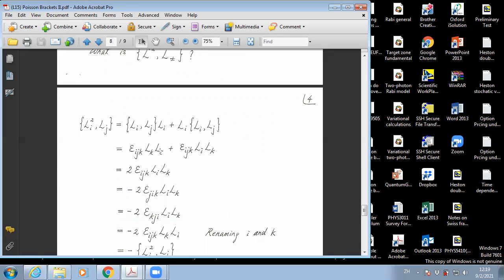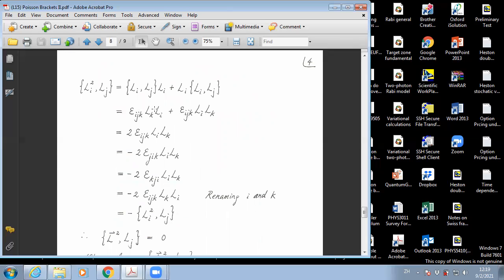And here we have Li, same for the second term. We realize that these two terms are the same because the indices are dummy indices, so they are equal to each other. Then we have 2 epsilon ijk Li Lk, right? Now, if I switch the indices i and j, we get a minus sign, all right? However, since these are dummy indices, we can relabel them later.